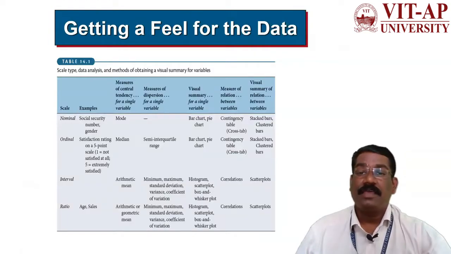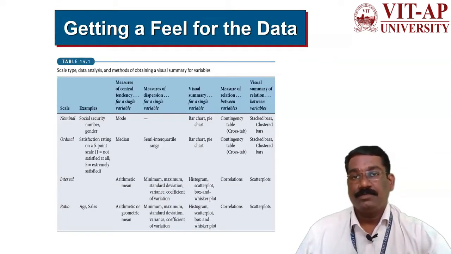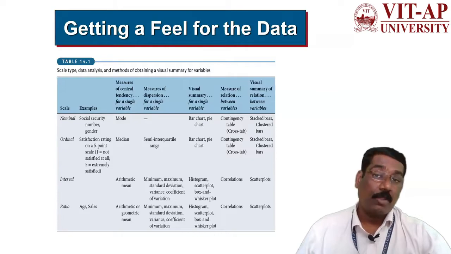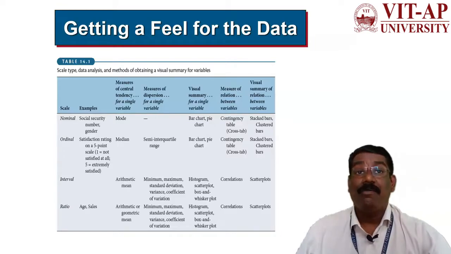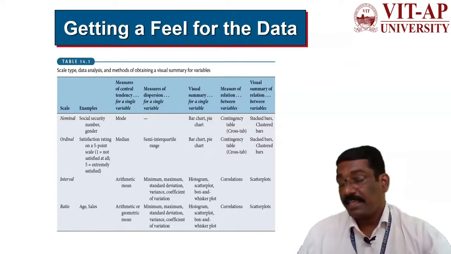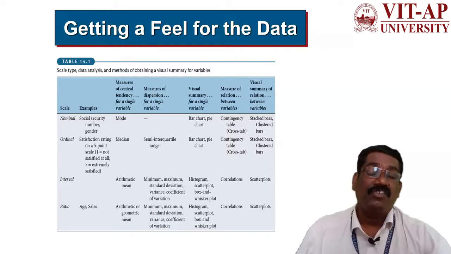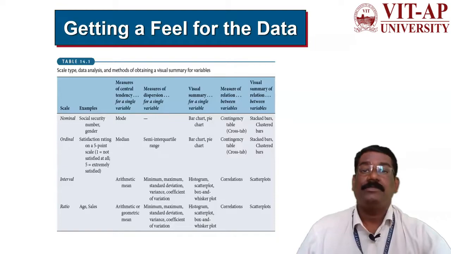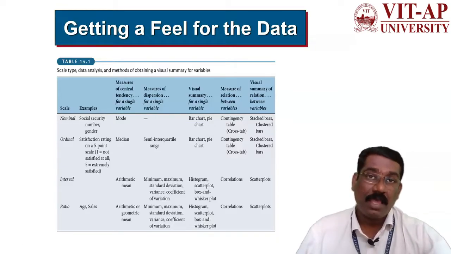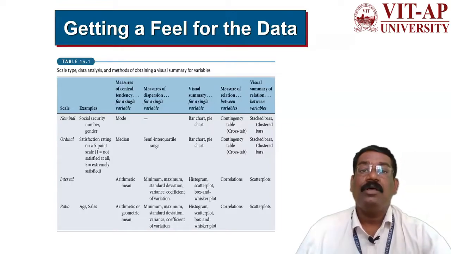Next one is getting a feel for the data. We can acquire a feel for the data by obtaining a visual summary or by checking the central tendency and the dispersion of a variable. We can also get to know our data by examining the relation between two variables.